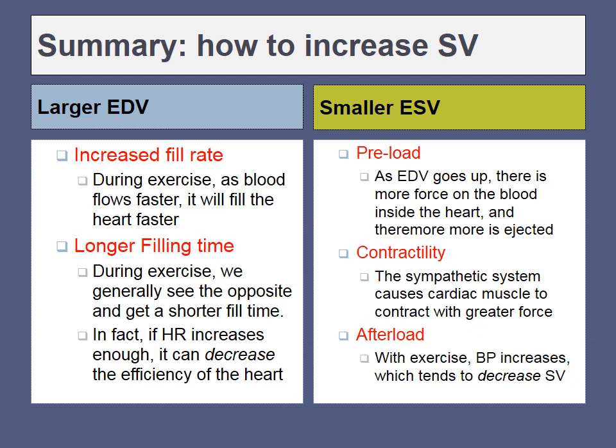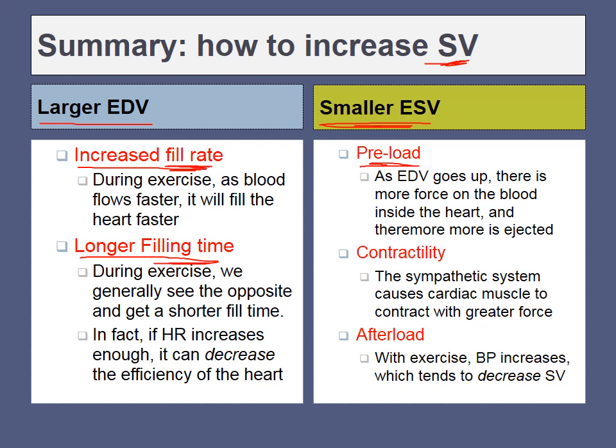So those were the factors that affected stroke volume. If I had a larger beginning or a smaller amount left over, both of those things will increase stroke volume. So a larger EDV could come about because of an increase in the fill rate or a longer filling time. A smaller ESV could come about because I have increased preload.